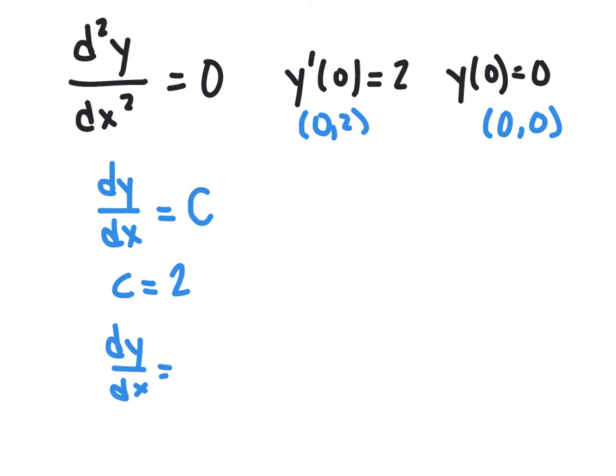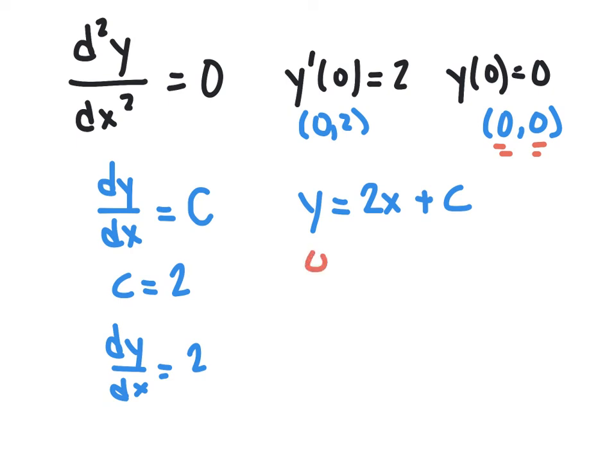To go back to the original function y now, we have to do the antiderivative of 2. And the antiderivative of 2, as you know, is 2x. And then this is a general antiderivative, so we put the plus c on the end. Now we'll use this initial condition, 0, 0, to solve for c.